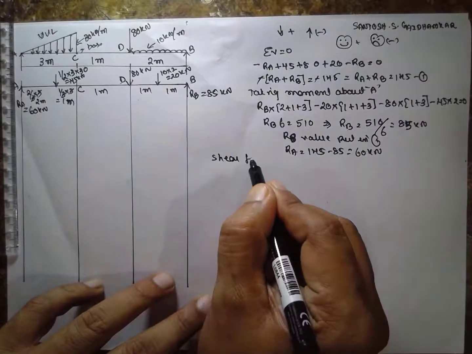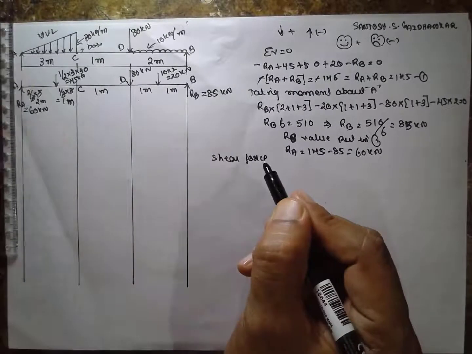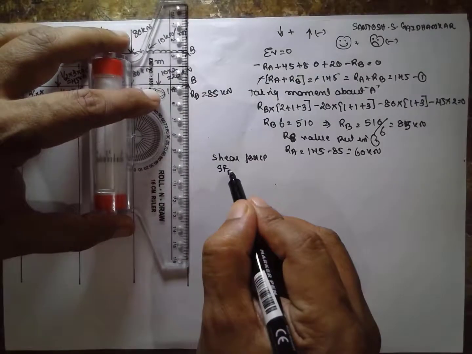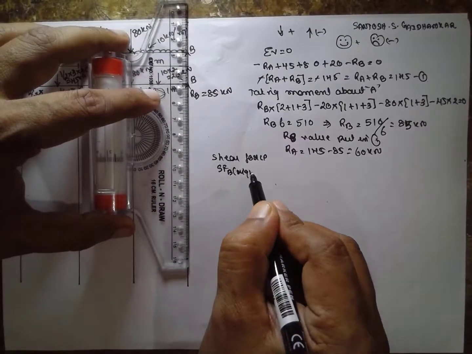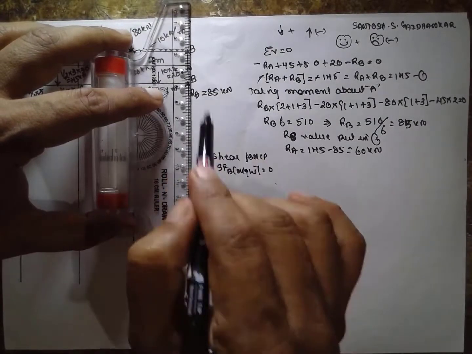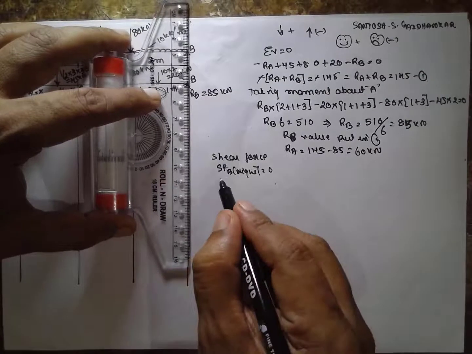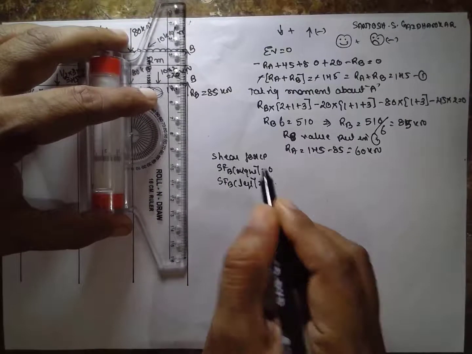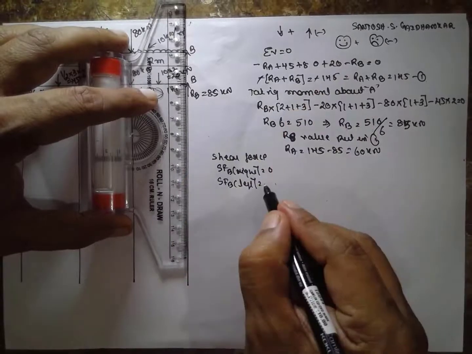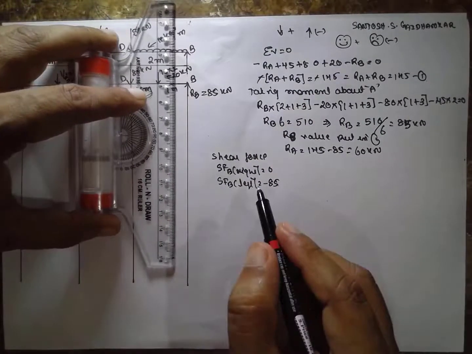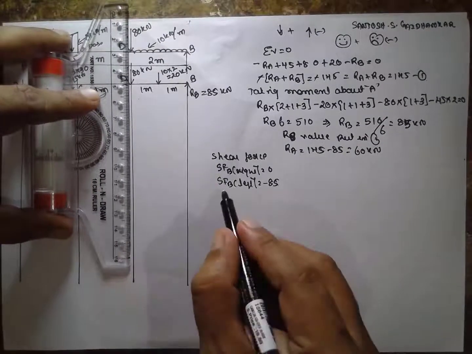Shear force. There is a point load acting here, therefore consider right and left. Shear force at B towards right, it will be 0, there is no load. At left it is 85, negative, minus 85. Next at D there is a load acting here.